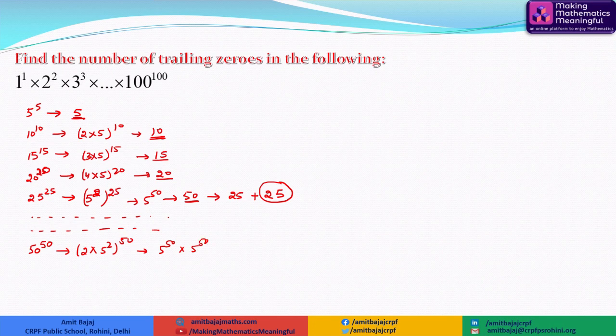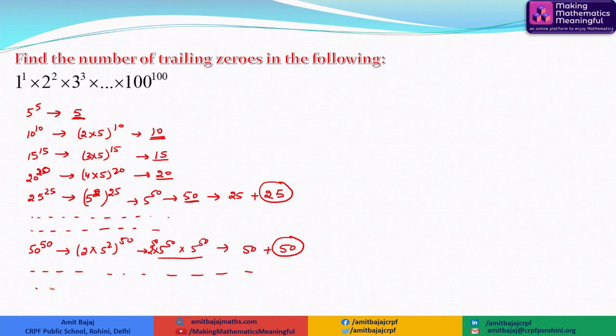So accordingly, I'm not considering the powers of 2 actually. So even we can write that too, but we are interested in the powers of 5. So this will give us 50 plus 50 other zeros.